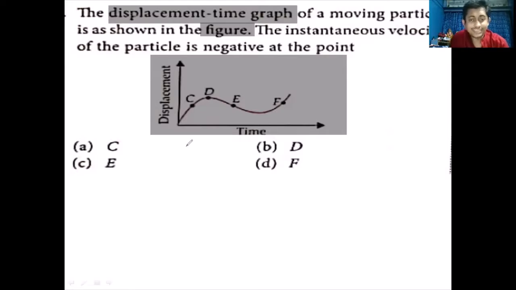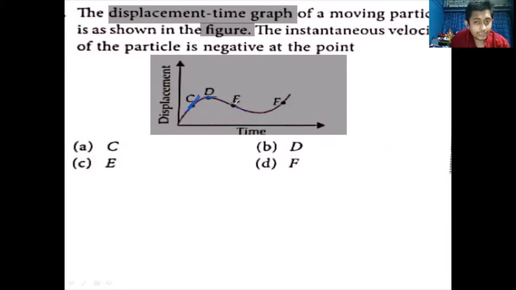So instantaneous velocity is the tangent drawn to the displacement time graph. Displacement time graph पे अगर आपने tangent draw किया, then the tangent gives us instantaneous velocity. So for point C, we'll say that the tangent drawn is like this. So it is positive. For point D, the tangent is horizontal. So that is 0.